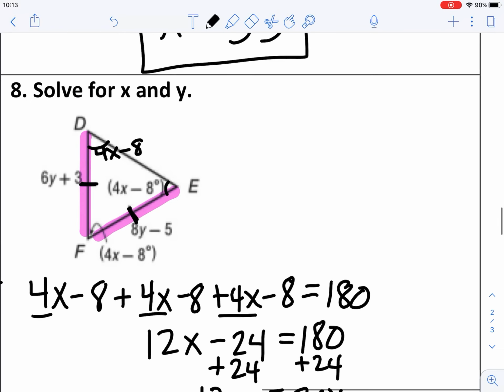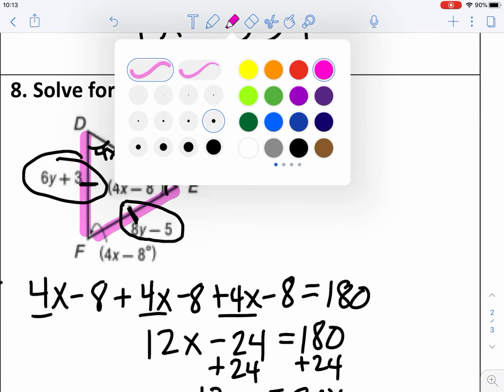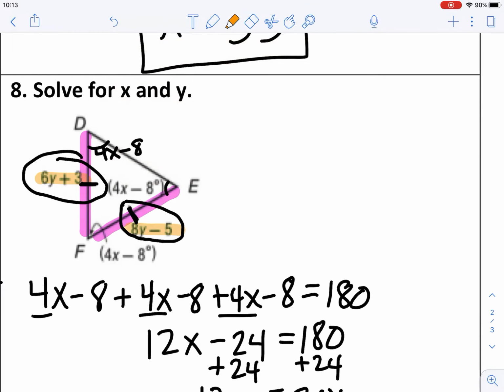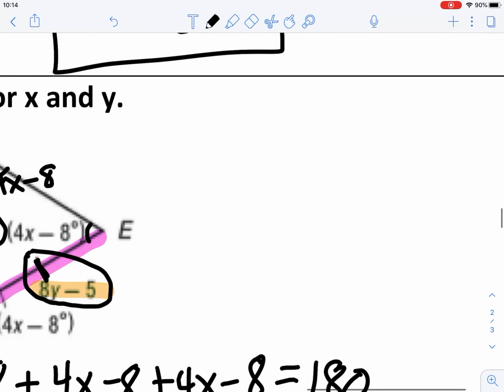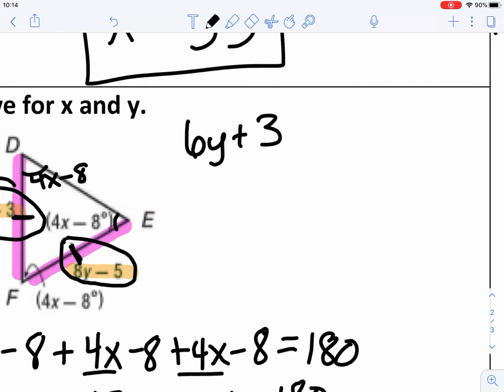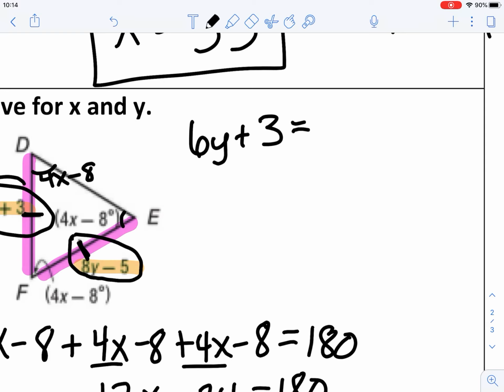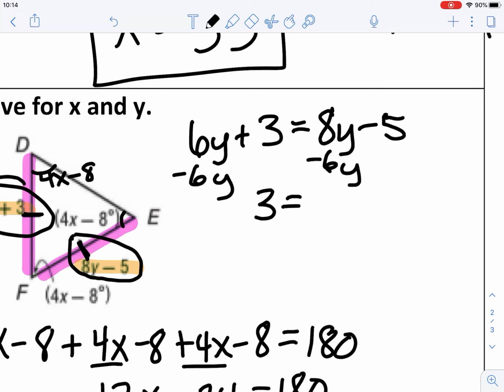Now, in solving for y, as the two sides of the triangle here are congruent, we can see that 6y plus 3 is equal to 8y minus 5. 6y plus 3 equals 8y minus 5. Let's subtract 6y from both sides. 3 is equal to 2y minus 5.